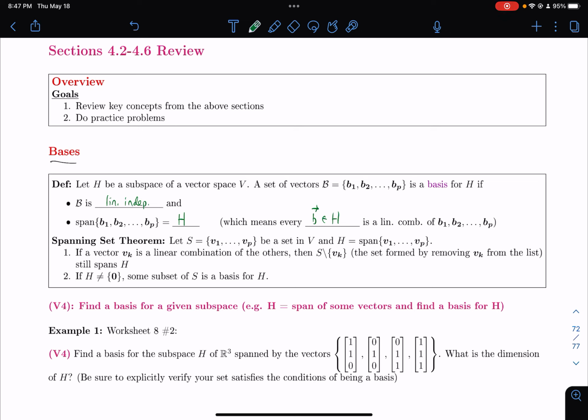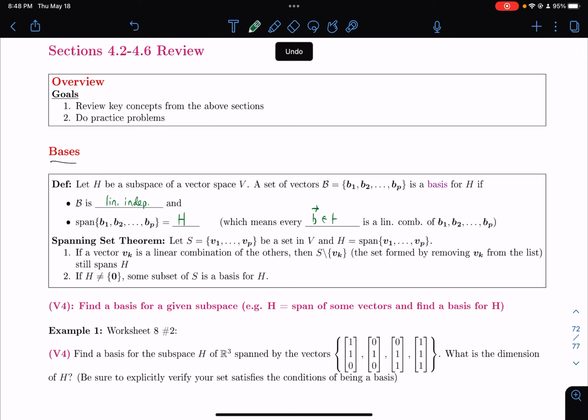The one big theorem from that section, when we first talked about what a basis was, is the spanning set theorem. Remember that what this said was, if you have a set of vectors v1 up to vp, and you consider the span of those vectors, the span of a bunch of vectors is a subspace. That's something that we've shown.